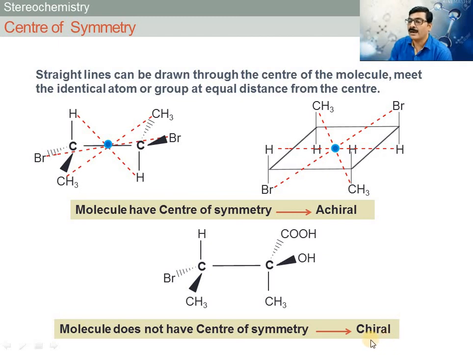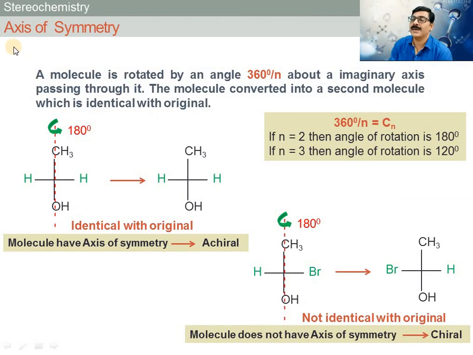Means a chiral molecule does not have center of symmetry and an achiral molecule has center of symmetry. Now this is the second symmetry element, that is center of symmetry. Now then, last, axis of symmetry.